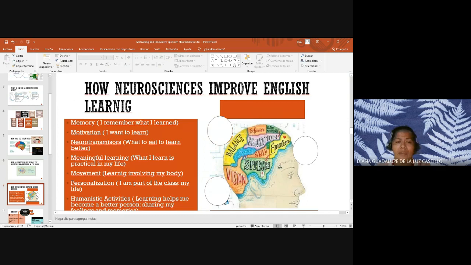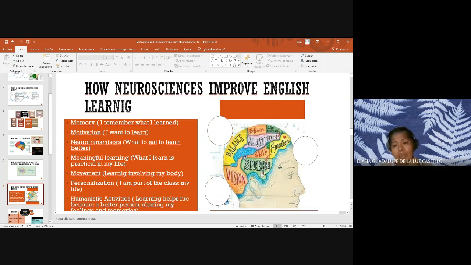What happens with the other areas? Okay, if you look at this brain, you can see that the brain is connected to different skills. One of the things is that if we work with language, we will fortify this area that says speech.